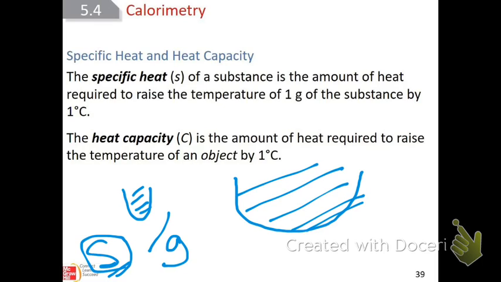So that's the difference between the two. Specific heat is per gram, and heat capacity is how much energy is it going to cost me for everybody to go to the park. Think of specific heat as the cost per ticket, and heat capacity as how much will it cost me for everybody to go.